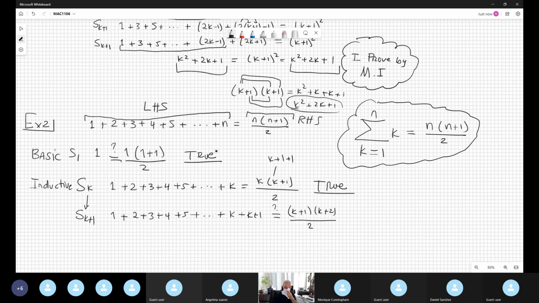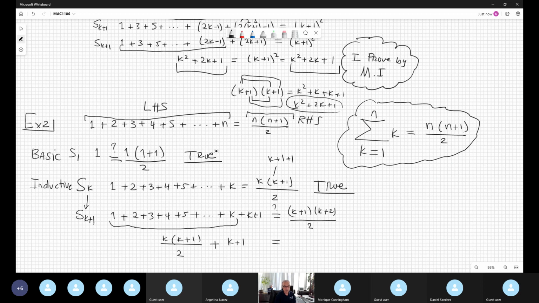Okay, let me try. But remember that you suppose that that part is equal to k times k plus 1 divided by 2. Plus, don't forget this k plus 1. Okay.